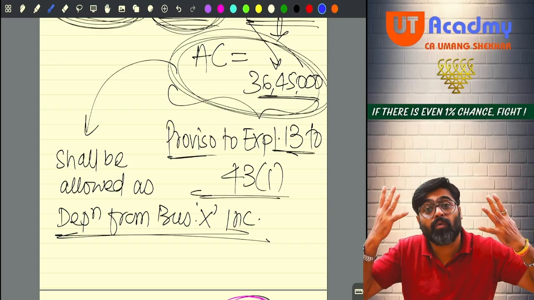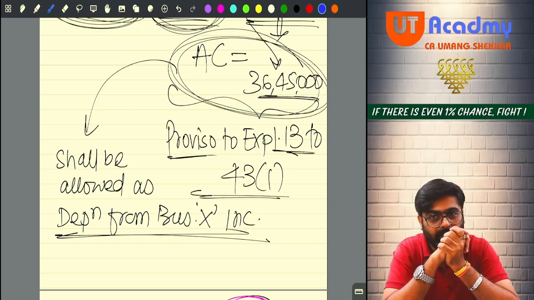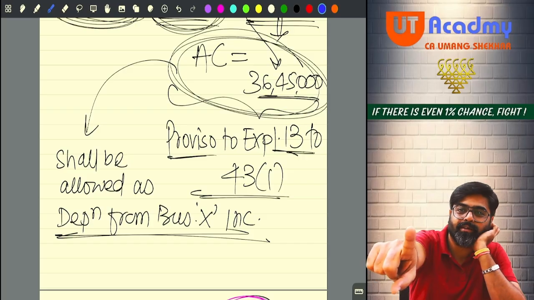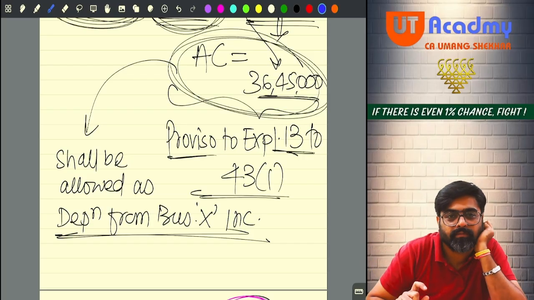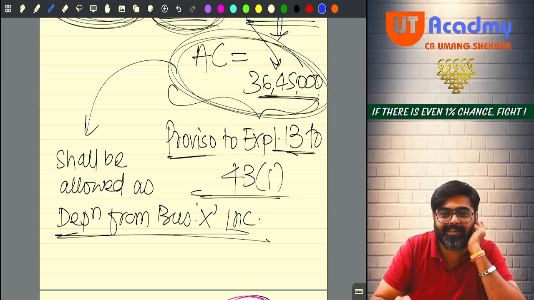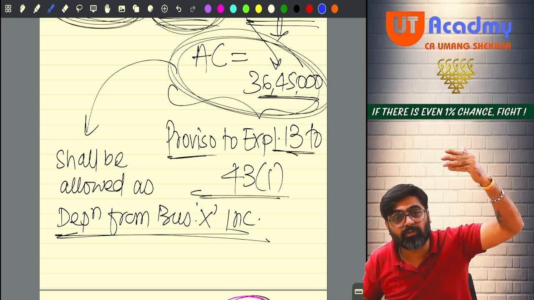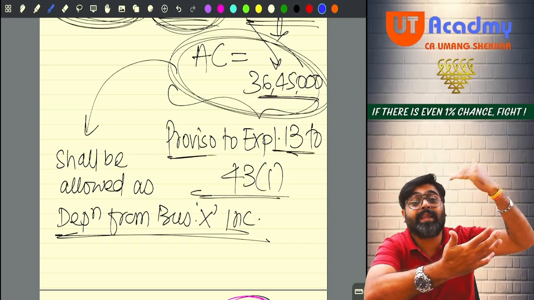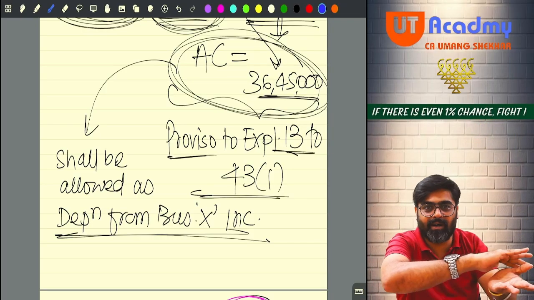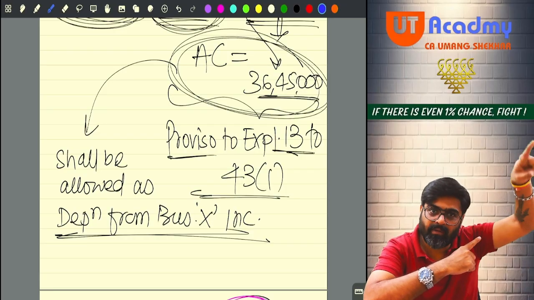Yes. At what cost? Now Kaushik, you say. What you said earlier was correct now. Nil. Because the entire 50 lakhs we have allowed in specified business. Nothing out of that got reversed. Entire amount we have allowed there.